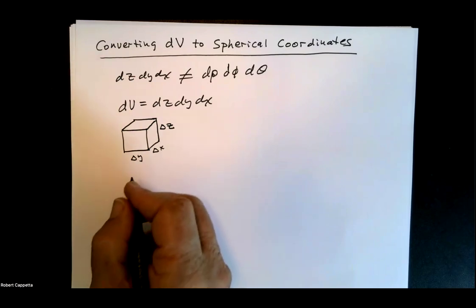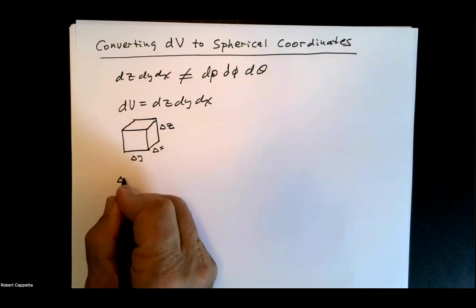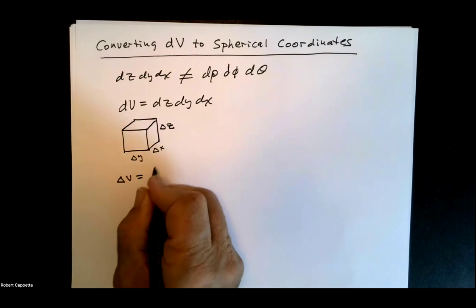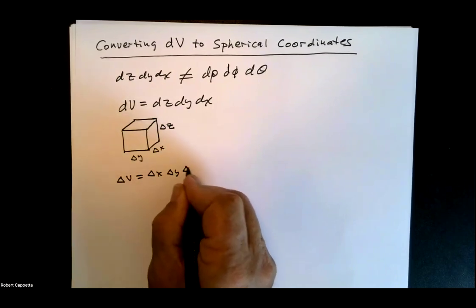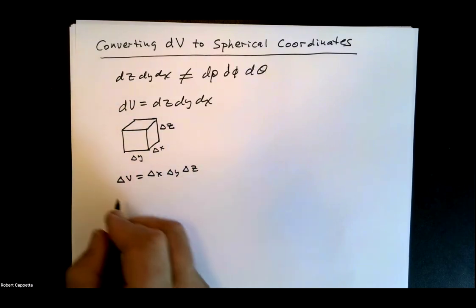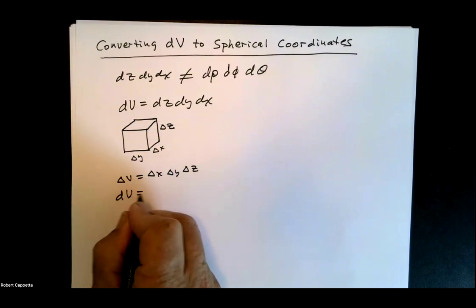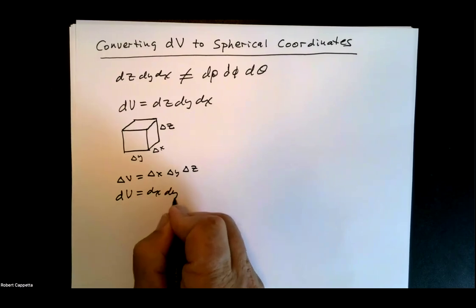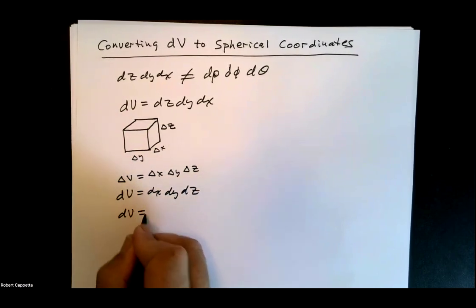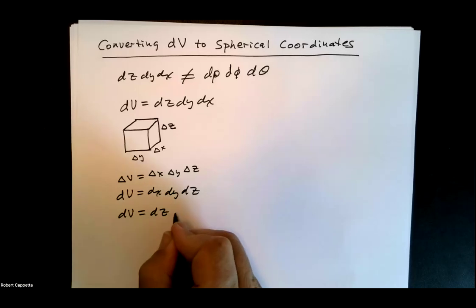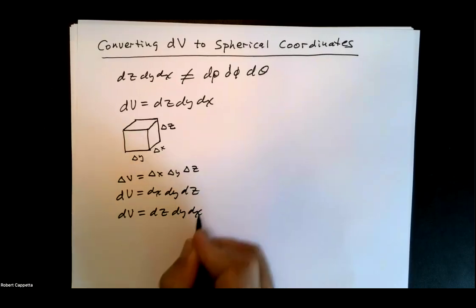Then the change in volume, if we grow in that direction, is simply change in x times change in y times change in z. Or if you like, dV is dx dy dz. And of course, the order doesn't really matter. More often than not, we say dV is dz dy dx.